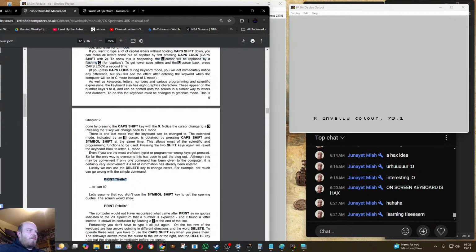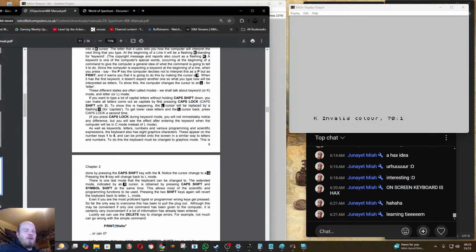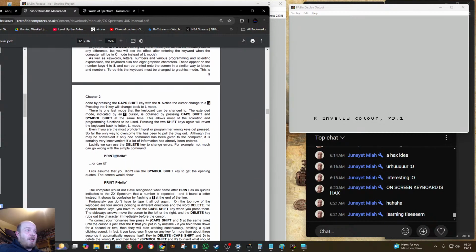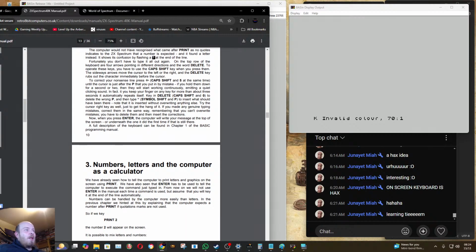So here, print hello. And then he's saying if you didn't use symbol shift, you'd get this, print P hello, without the speech mark, right? So he's explaining about the cursor, which was what I was trying to explain to you, but it's written here in the book, right?